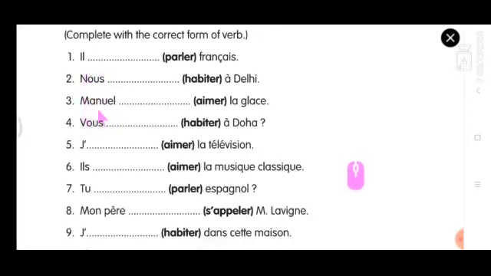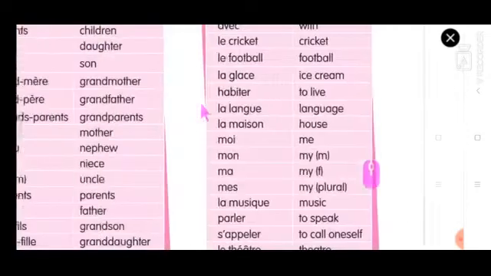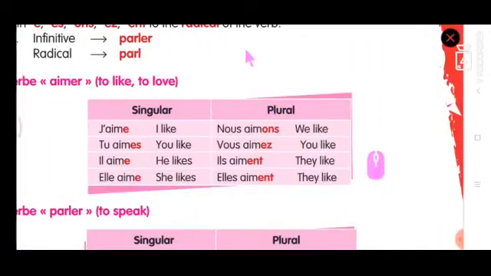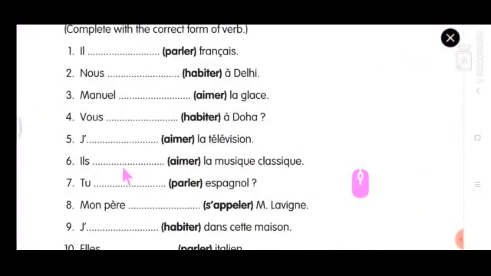Okay. So we have to see il and aimer. What is the ending? Let's go to the tabular column. This is aimer verb, and see il. The spelling is A-I-M-E. So just copy this and write this here. Manuel aime la glace.